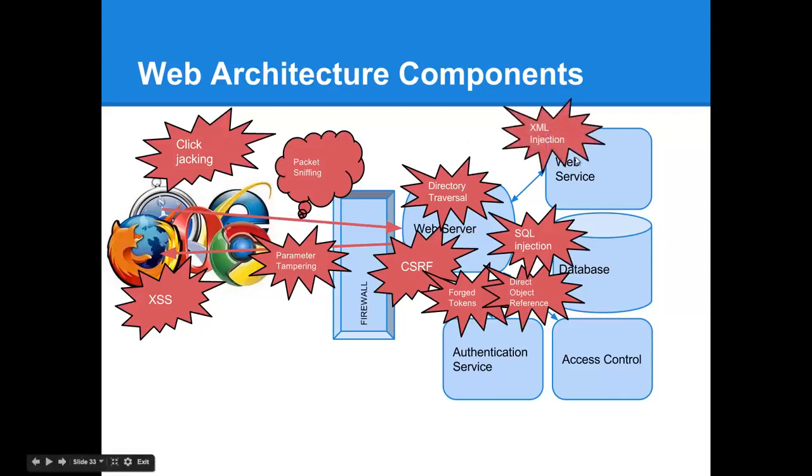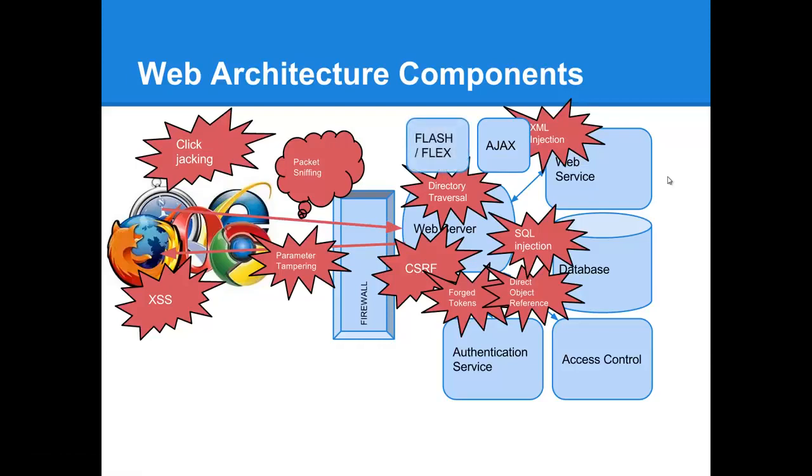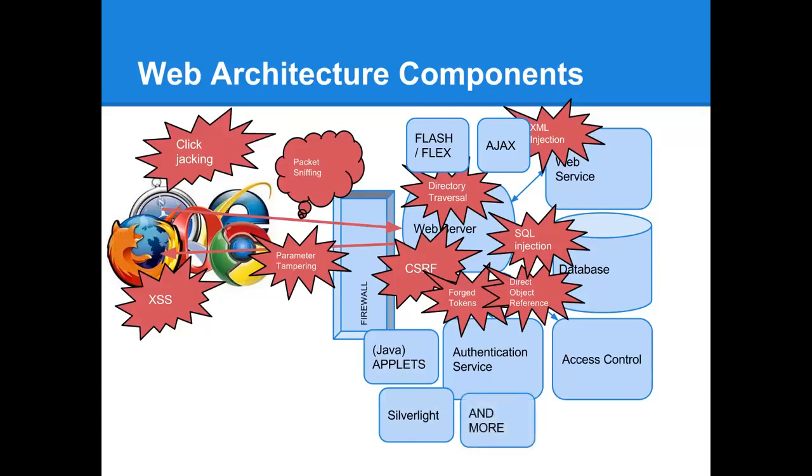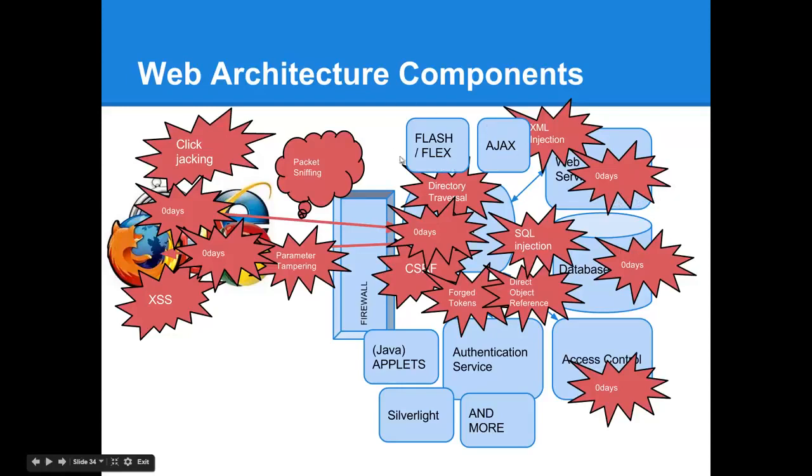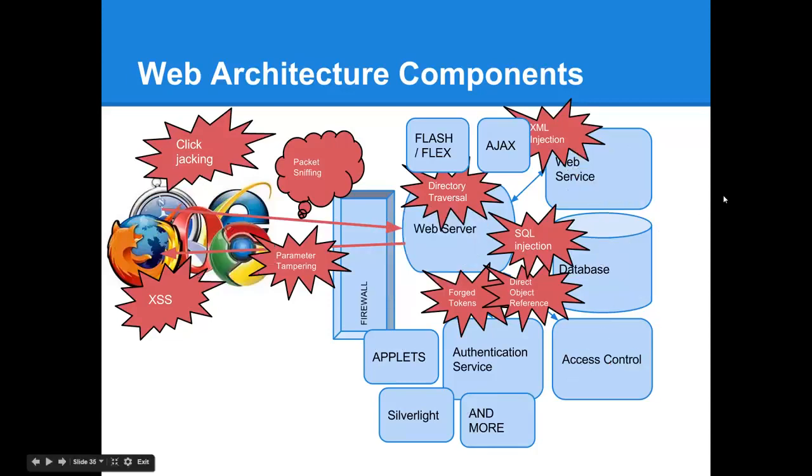And then there's XML injection, and then there's the components that deliver dynamic content like Ajax, Flash, Silverlight, etc. And all of the core components are subject to zero-day vulnerabilities, and all of the client-side components are subject to vulnerabilities that can be delivered by these third-party components, as well as just any general content.